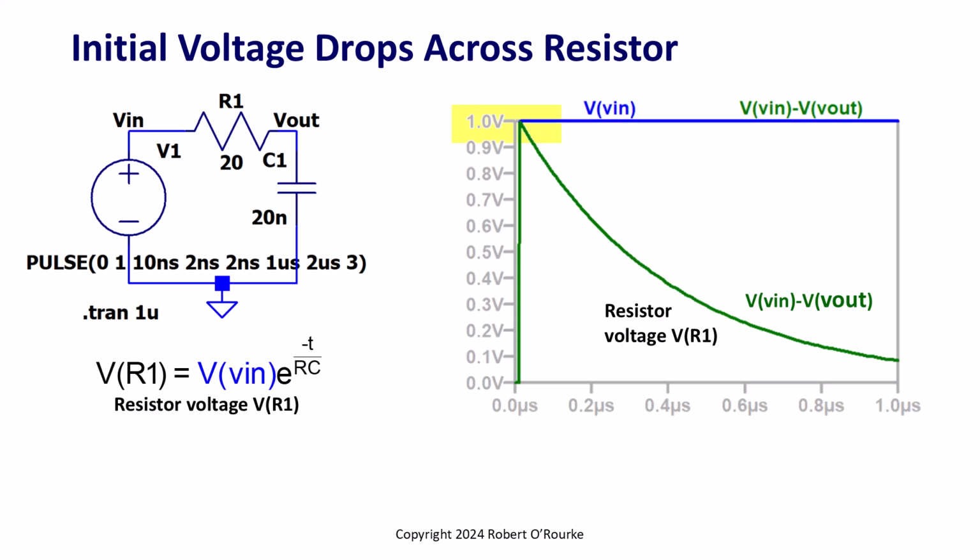Notice in the green resistor voltage signal plot how all the voltage initially drops across the resistor when the input voltage V sub in jumps up from zero rapidly. Over time, the resistor voltage decays away towards zero. Note that there is a 10 nanosecond delay in the LT-SPICE pulse function definition so that the rising edges don't sit on top of the vertical axis.